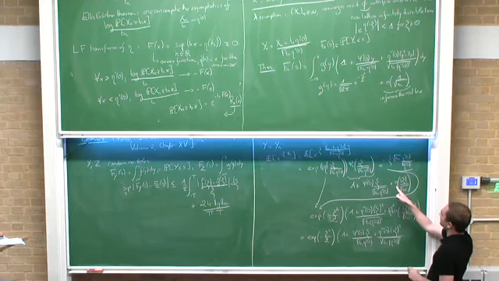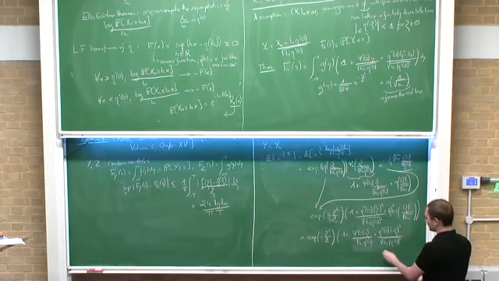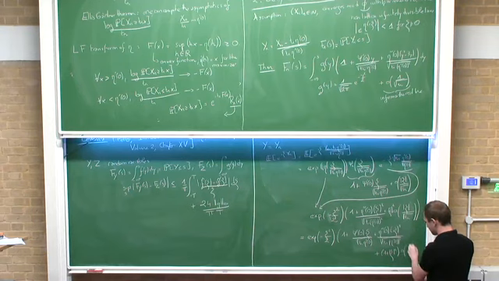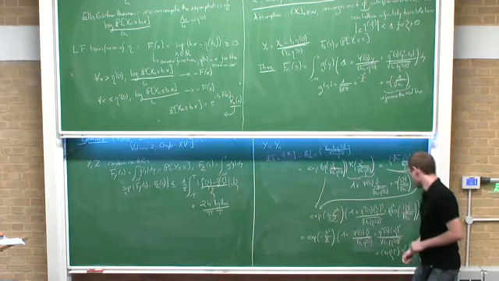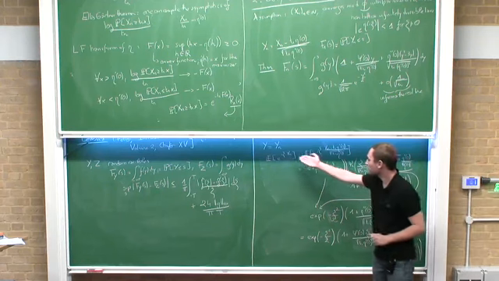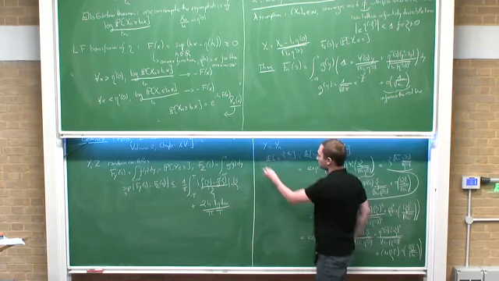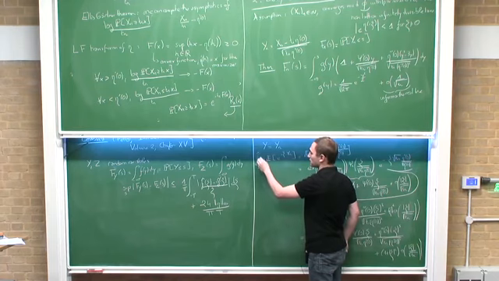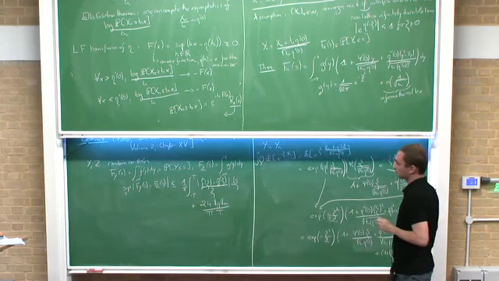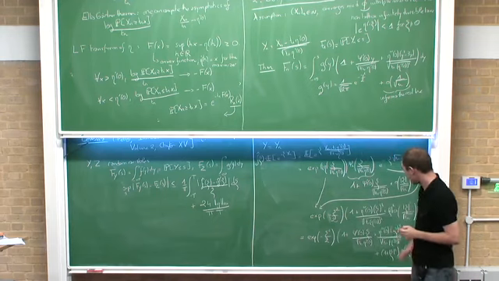And then what remains is 1 plus psi square times this small o of psi divided by square root of Tn. So we have computed the asymptotics of this Fourier transform. So this is my f hat of psi.